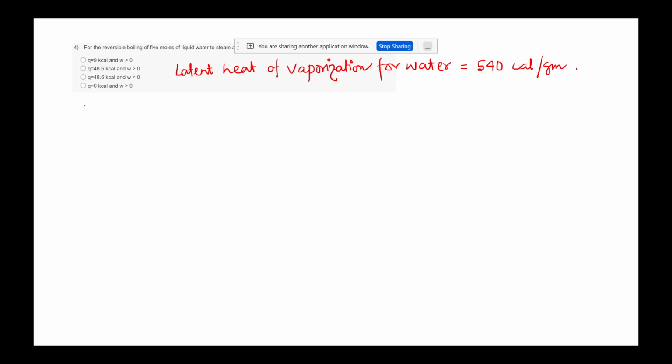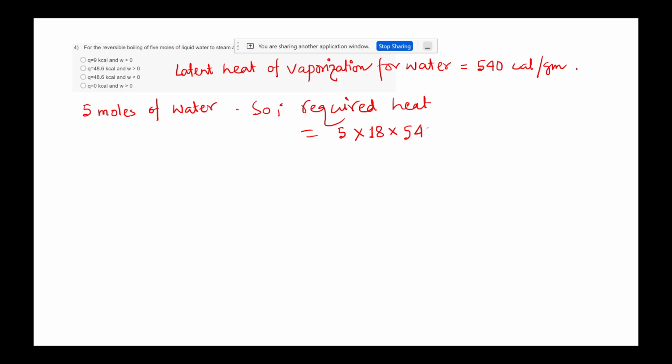So if there are 5 moles of water, the required heat is 5 times the molar mass of water. What is the molar mass of water? 18, right? So 18 times 540, and the unit will be calorie.